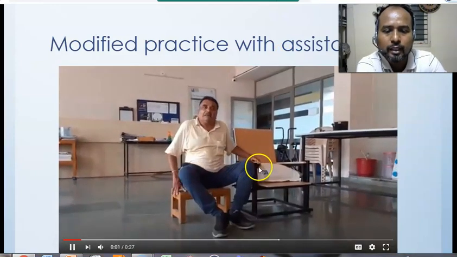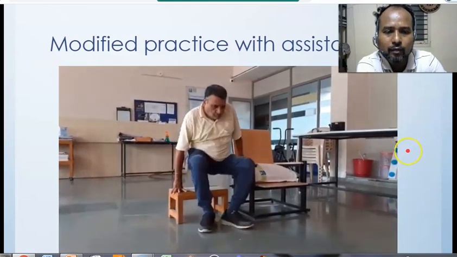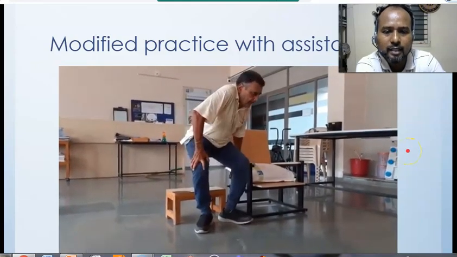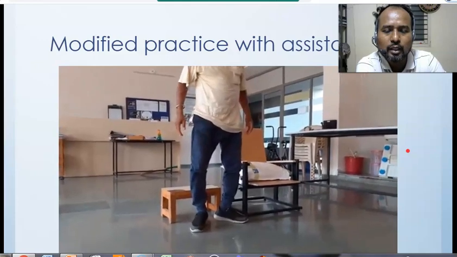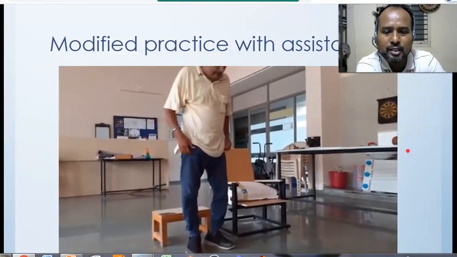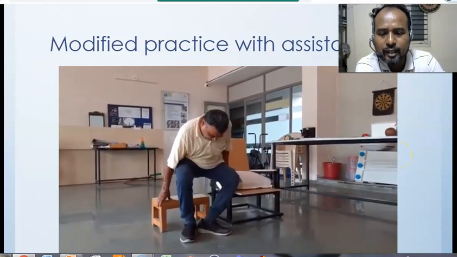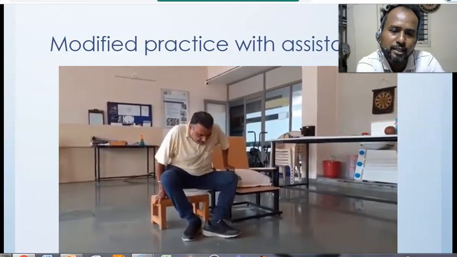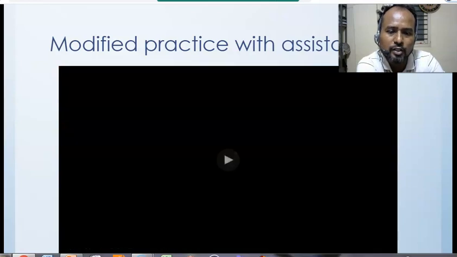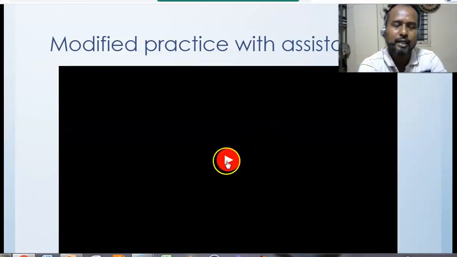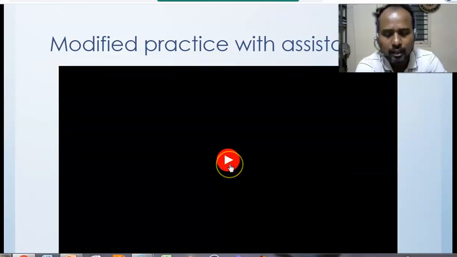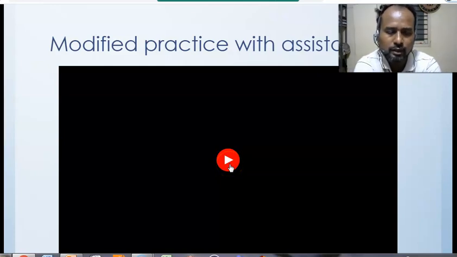As we have seen next, we have also given this type of exercise where he is allowed to use some form of assistance. This is a low stool practice, but still with assistance, because previously he was not able to do it without assistance. I just kept a chair over there. Remember I was talking about the use of experience for modifying the task.